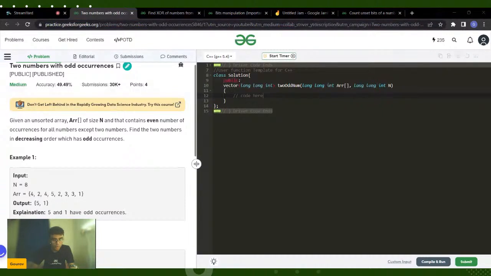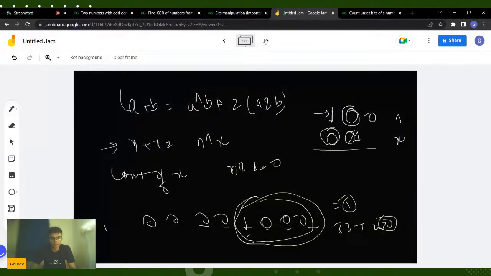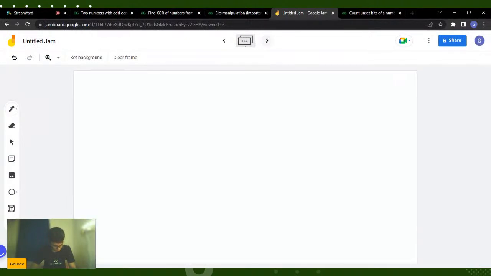So what about the numbers that are occurring an odd number of times? Yes, you will be left with the XOR of the two odd numbers.